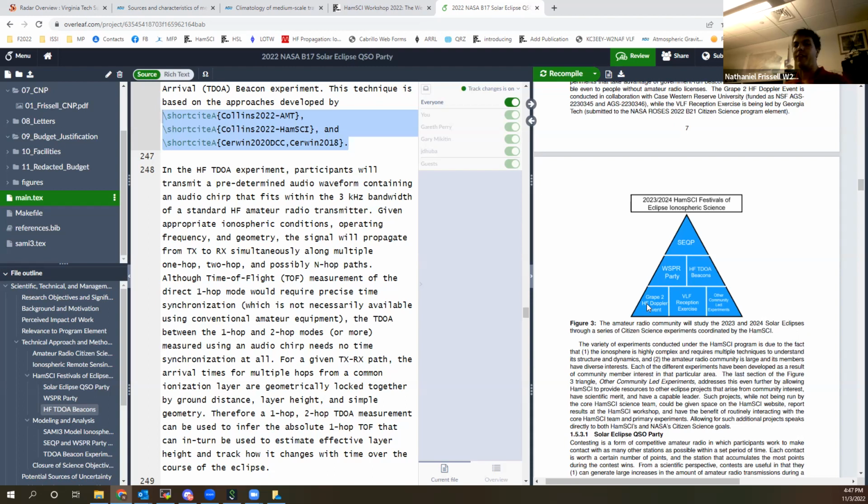And I do point out that that is funded by a different proposal, but is part of this whole HamSCI Festivals of Eclipse Science. So for this proposal, we're focusing on the top 3 here. And the other ones are funded by other things.